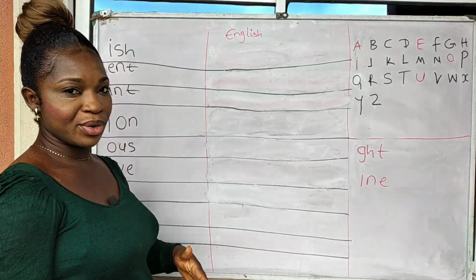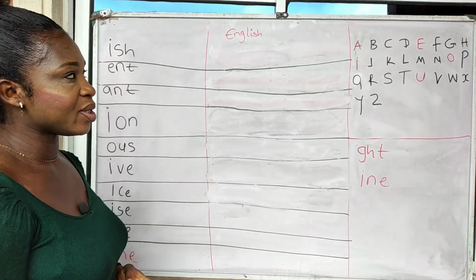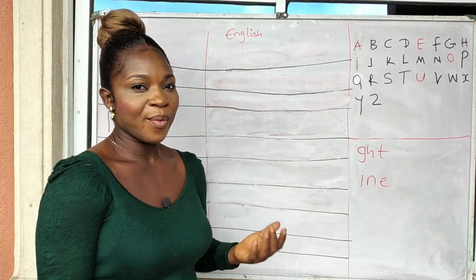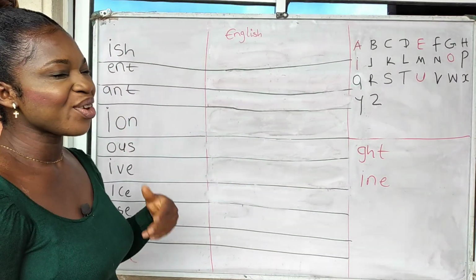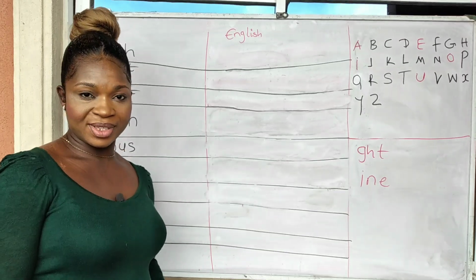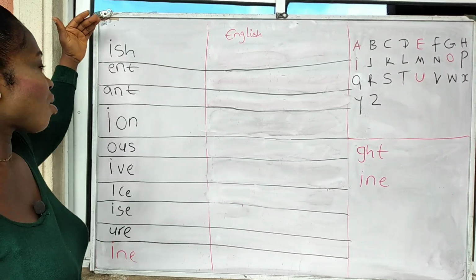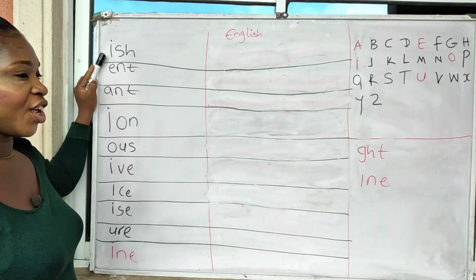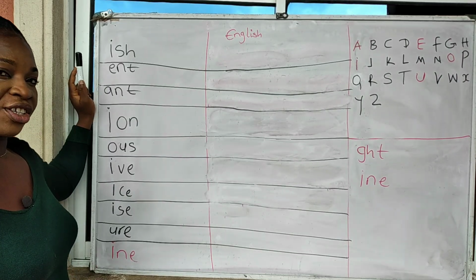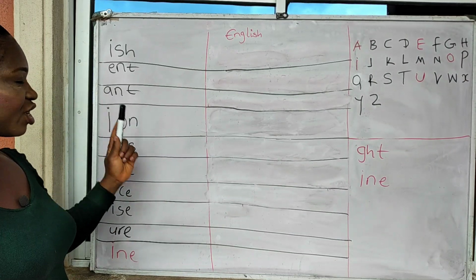We don't want to be at the middle, but you can find these sounds, these combinations, anywhere in between a word. Okay, so the essence of this is for you to know the sound, how to pronounce it anywhere you see it. So pronouncing the sounds, I have ish, ish, ish, not each, ish.